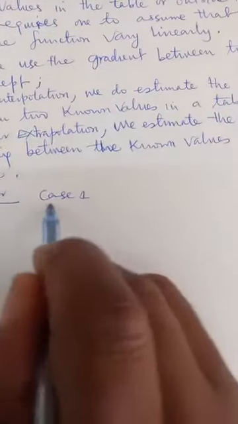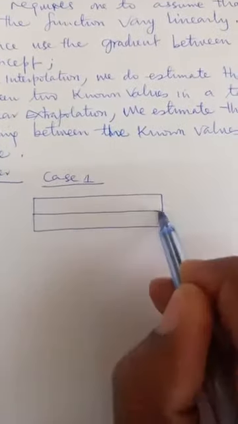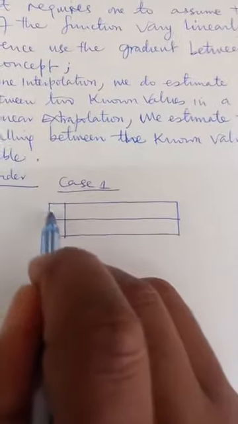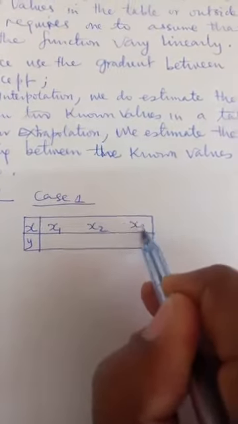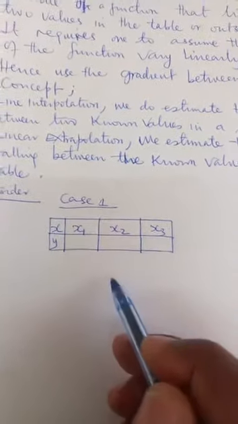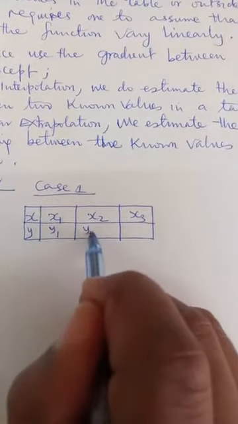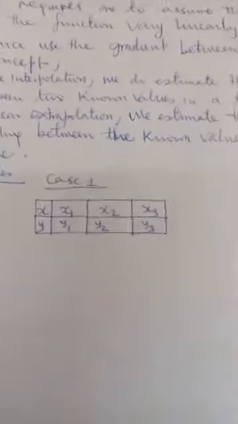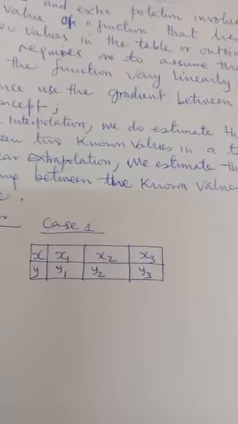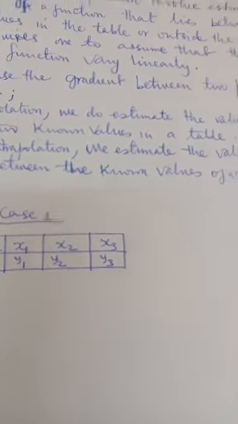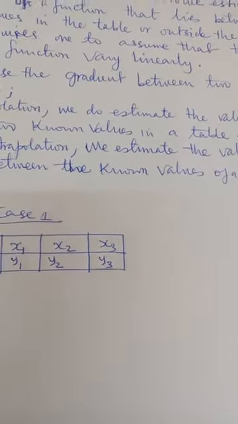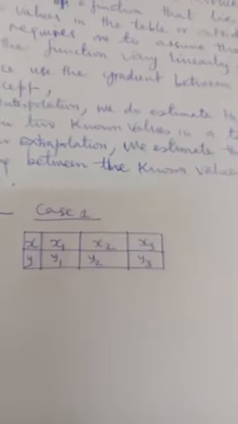If I have a table here, and this table has values of x and y, if this is x1, x2, x3, and their corresponding values of y are y1, y2, y3, then estimation of a value between, for example, x1 and x2 or x2 and x3 will involve what we have called linear interpolation.